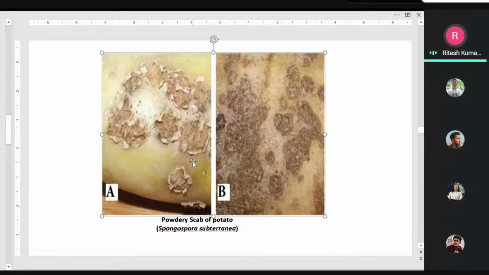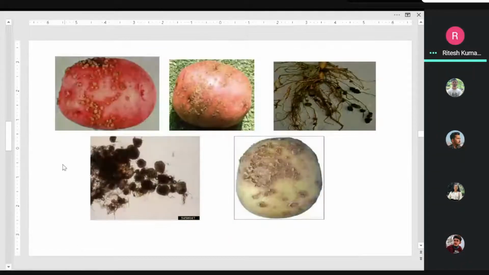They look the same when you see them, right? So generally, in case of powdery scab, if you see the skin, initially they are just pimple-like, some kind of round lesions or pimple-like spots, slightly raised brown or purplish brown pustules are produced.